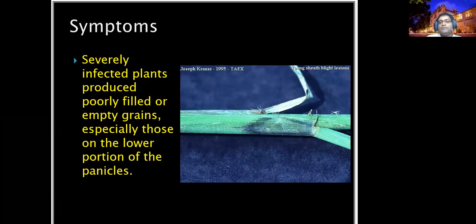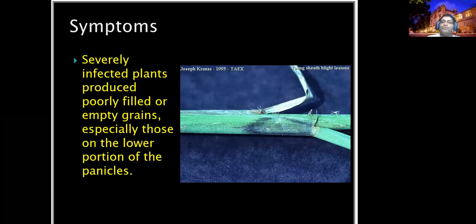This is also a confusing symptom with blast. If neck blast is observed, you can find poorly filled or empty grains, and even a stem borer attack will give white head, a similar symptom. So in advanced cases, severely infected plants produce poorly filled and empty grains.